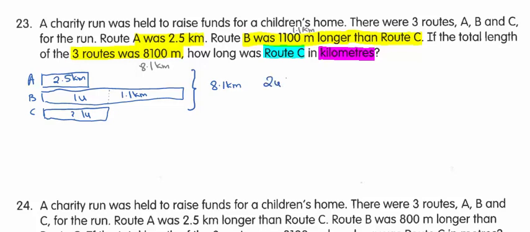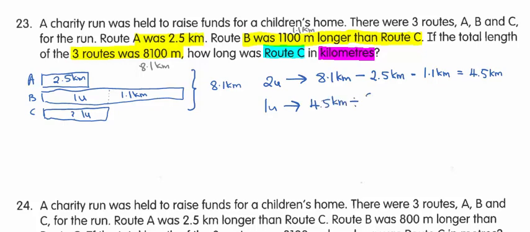So 2 units is actually 8.1 km minus 2.5 minus 1.1 km, and that will give me 4.5 kilometers. Right? So if 2 units is 4.5 kilometers, 1 unit is 4.5 kilometers divided by 2, and that will give me 2.25 kilometers. And that is exactly what I'm looking for, so this will be my answer, 2.25 km, because I'm looking for 1 unit.